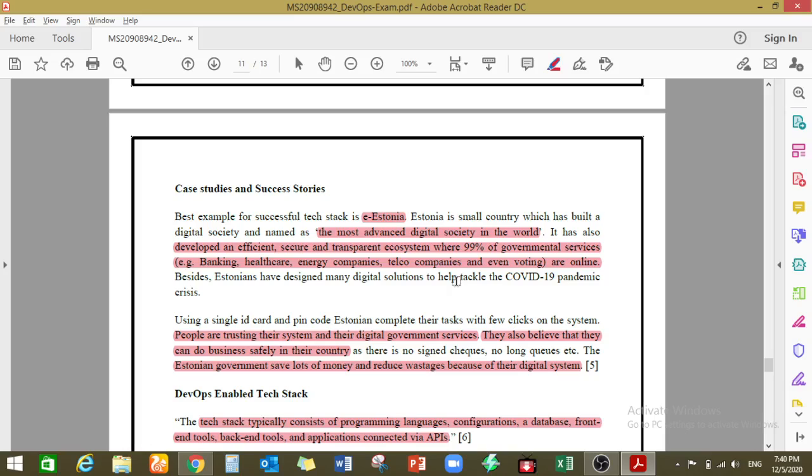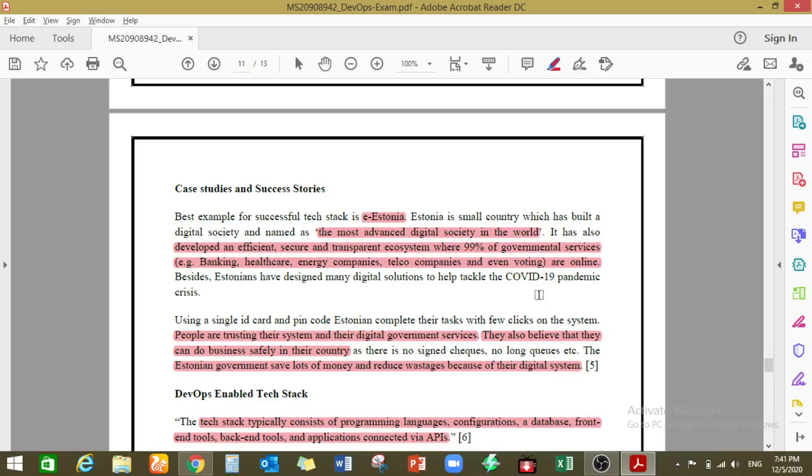Also, Estonians have designed many detailed solutions to help tackle the COVID-19 pandemic situation. Using a single ID card and PIN code, Estonians complete their tasks with a few clicks on the system. The reason for their success is the people and their contribution.